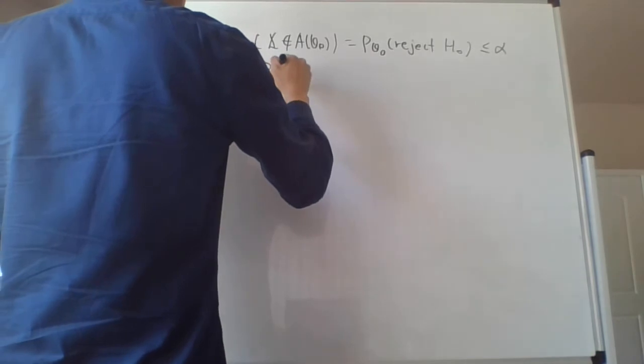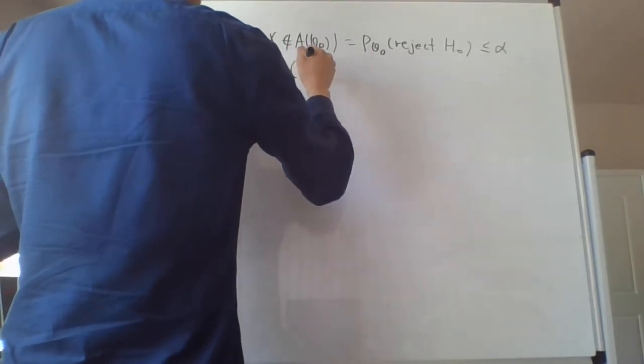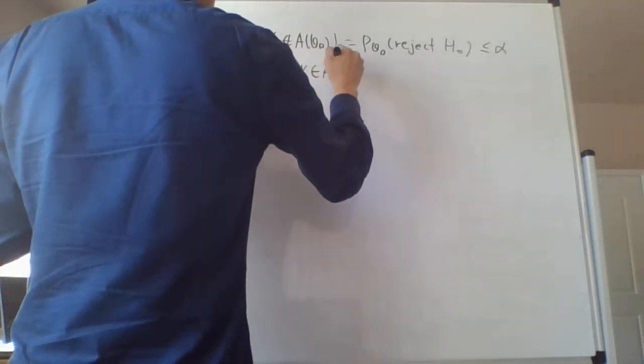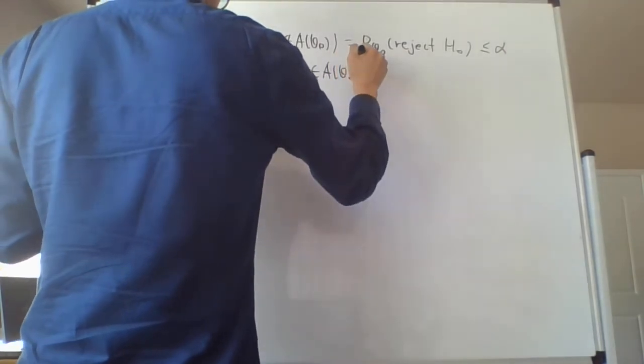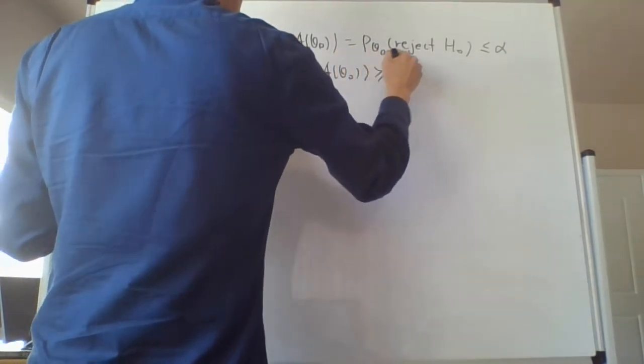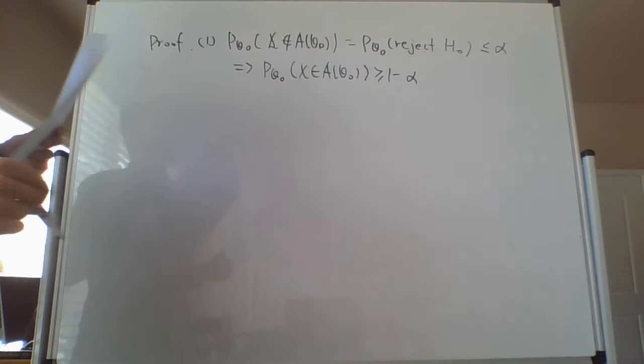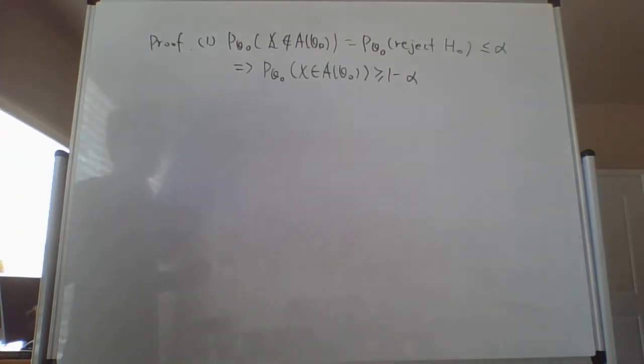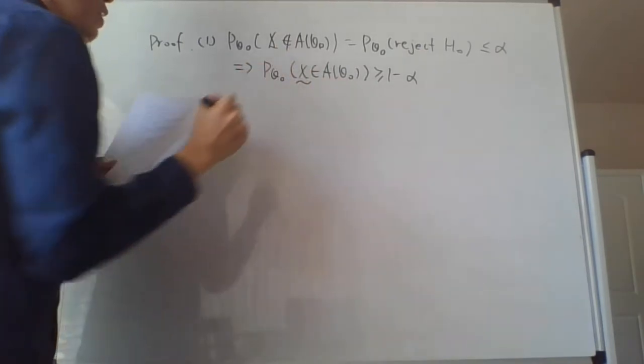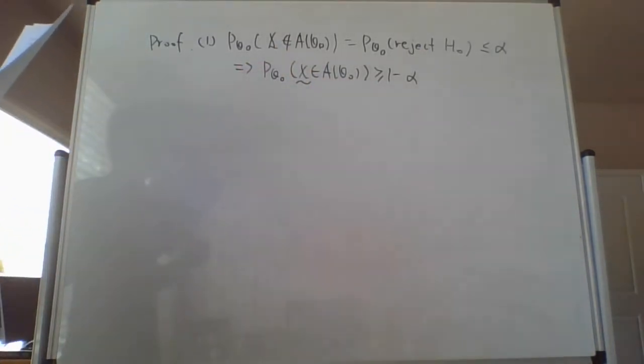This means the probability that x belongs to the acceptance region is greater than or equal to 1 minus alpha.